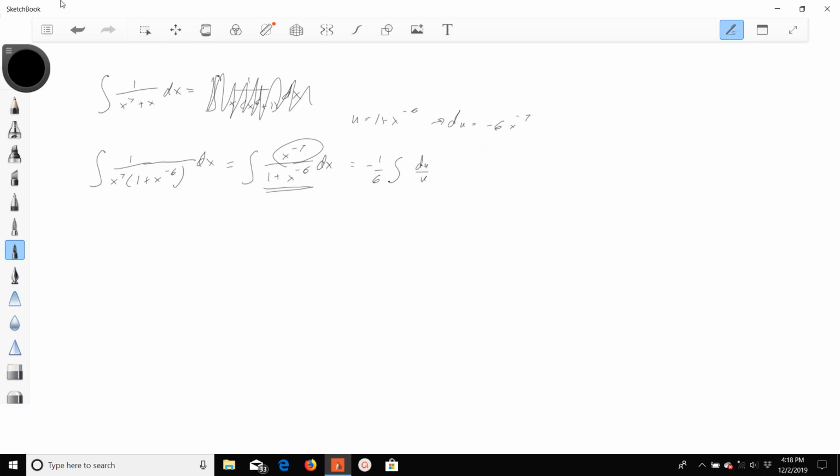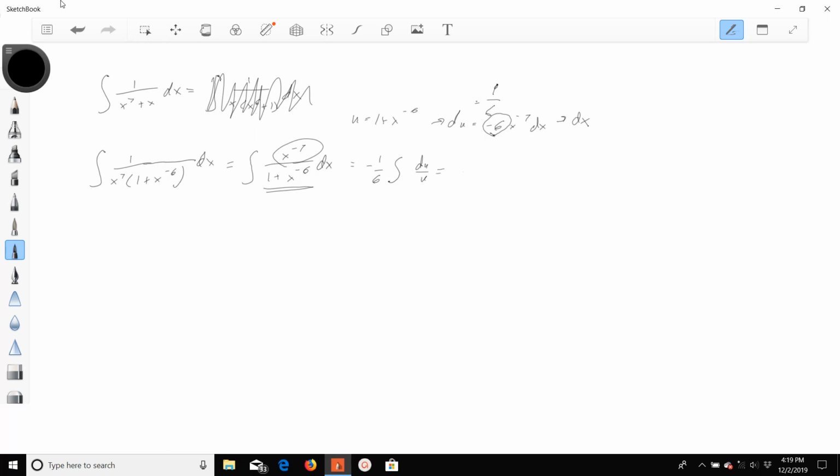I did some stuff in my head there, but normally when you have this factor out here, you can just reciprocate it and put it outside, because you're going to end up solving for dx. So you end up reciprocating the -6 to a -1/6. Just a trick you can do in your head.